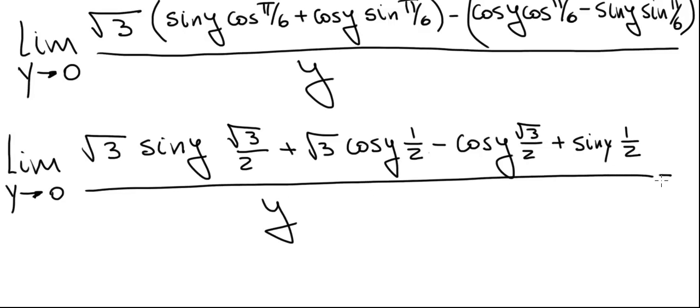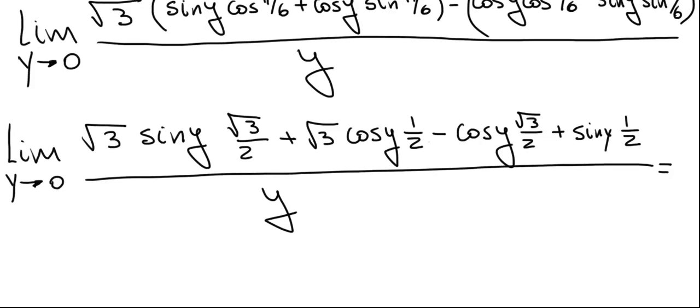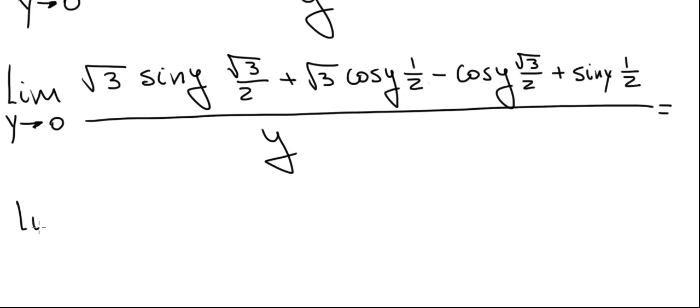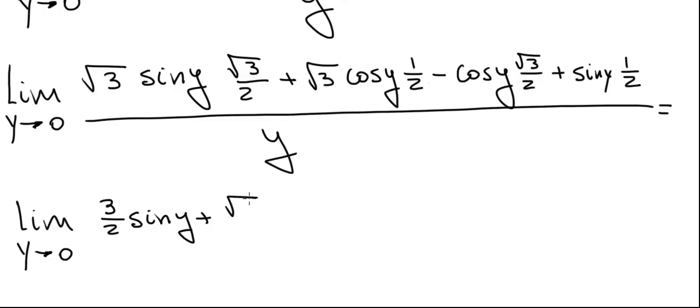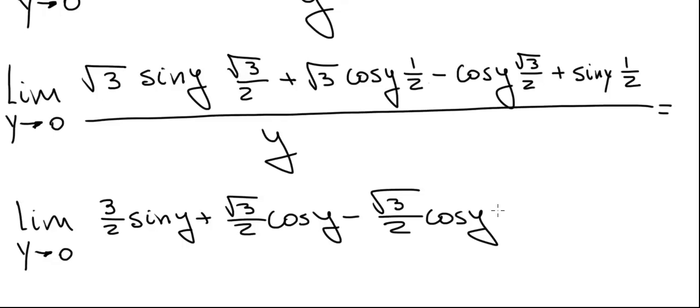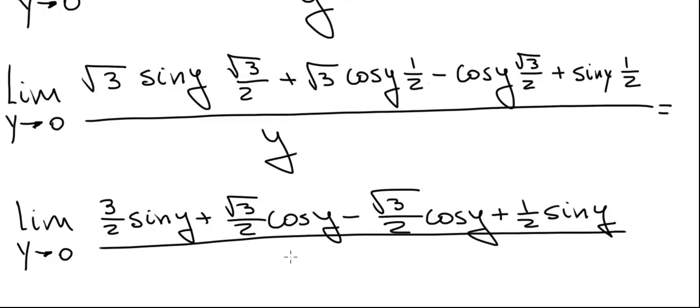So let's simplify what we can. We end up with the following. This is equal to the limit as y approaches 0 of square root of 3 times square root of 3 is 3, so we have 3/2 times sine of y plus square root of 3 over 2 times cosine of y minus square root of 3 over 2 times cosine of y, and then plus 1/2 times the sine of y, and all this is divided by y.